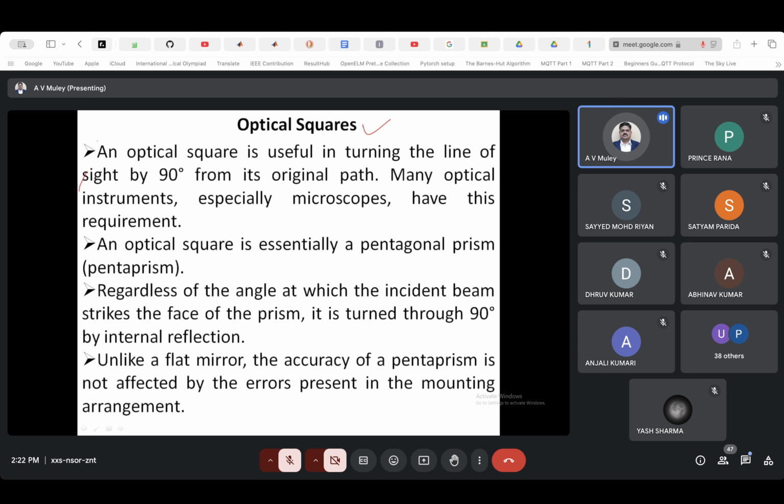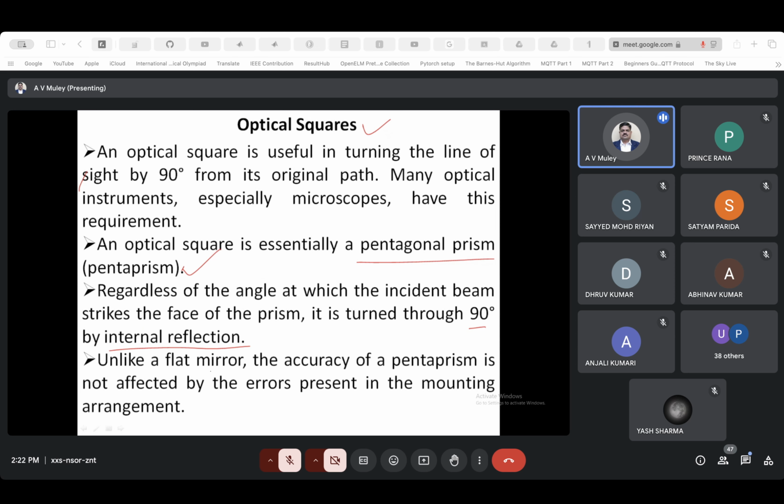Many optical instruments, especially microscopes, have this requirement. An optical square is essentially a pentagonal prism. क्या होता है? Pentagonal prism. Pentaprism बोलते हैं उसको. Regardless of the angle at which the incident beam strikes the face of the prism, it is turned through 90 degrees by internal reflection. This is an important aspect over here.